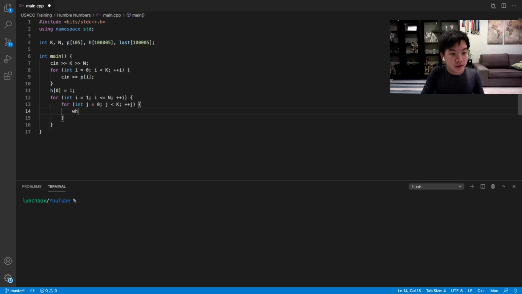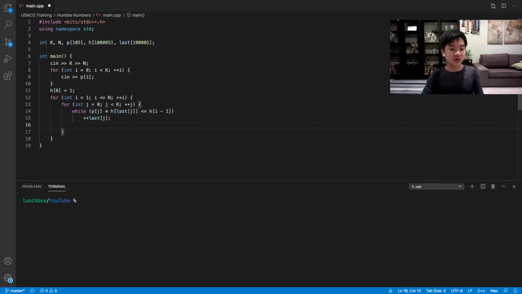So while p of j, the value of the prime, times h of last of j is less than or equal to h of i minus 1, we're going to increment last of j.